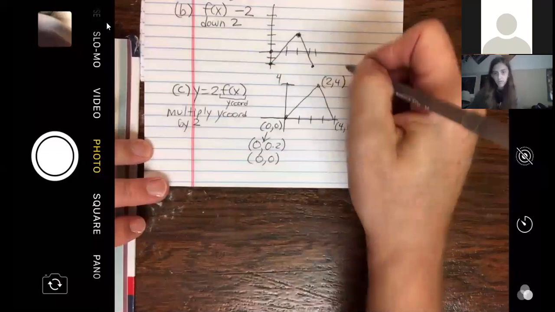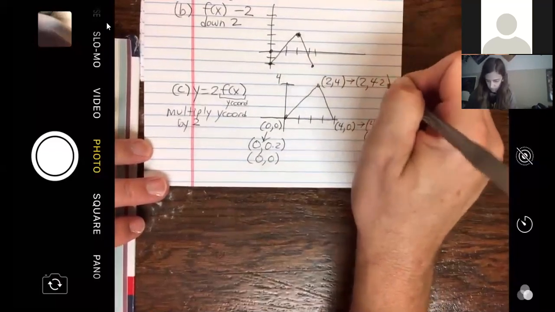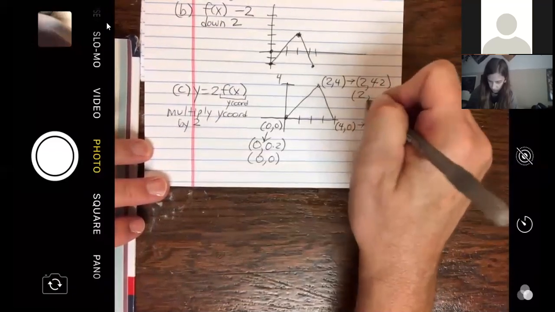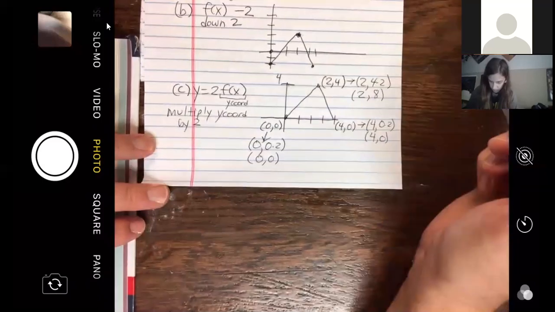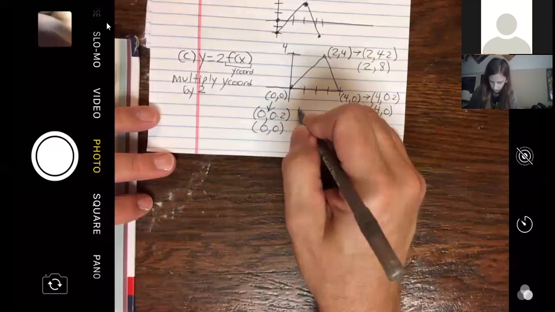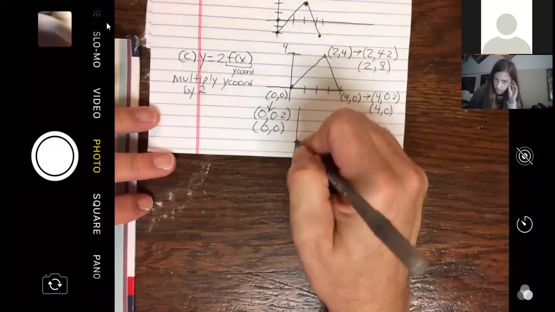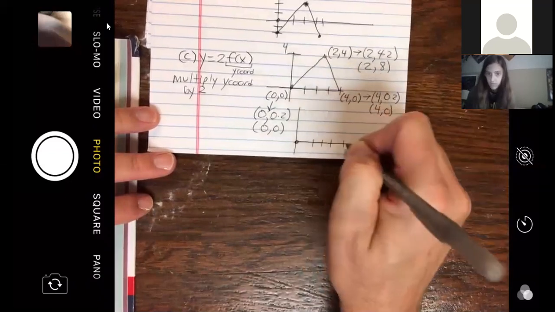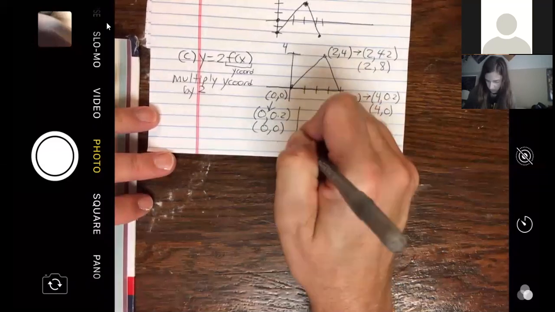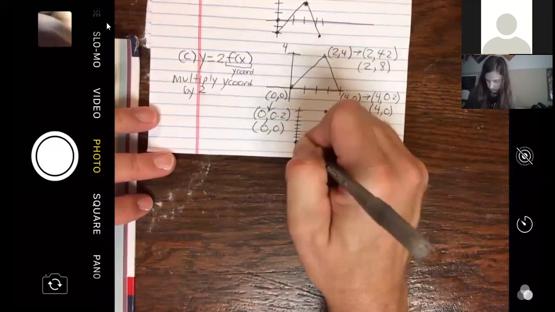But up here, 2 and then 4 times 2, multiplying that y coordinate of 4 by 2, I go to 2 and 8. So I think I've got room to barely put it on here. 0, 0 doesn't change, 4, 0 doesn't change. See if I can squeeze 8 tick marks on. 7, 8, over 2 and up 8.